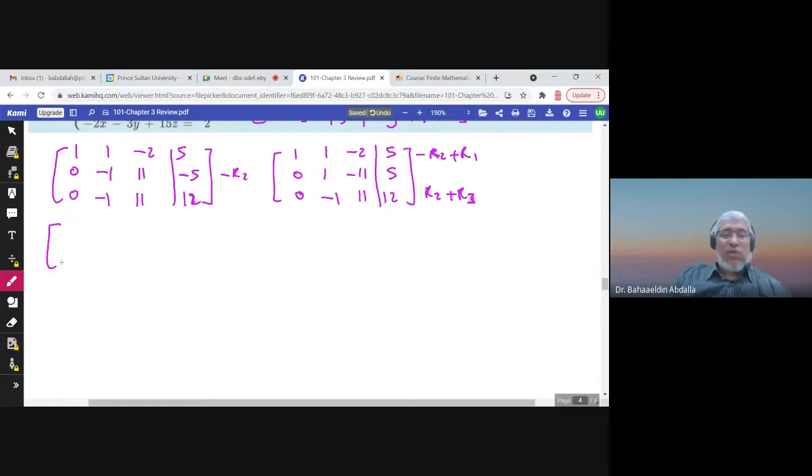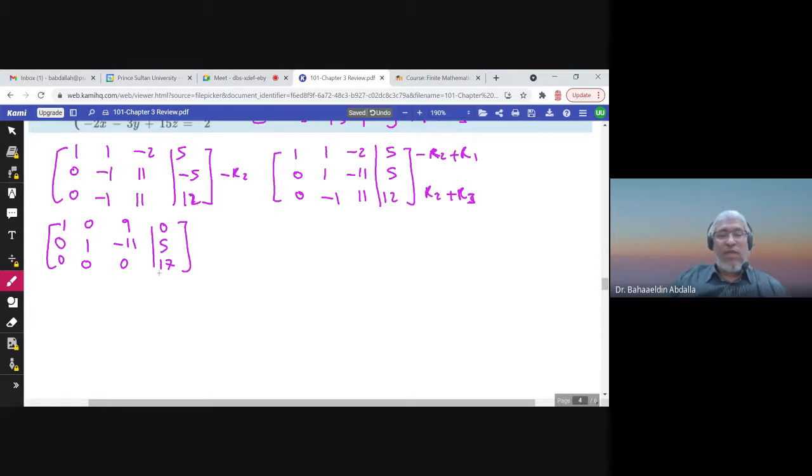So there is no change in the second row. And now also this is 0. It will not change these two numbers. Negative 1 plus 1 is 0. 11 minus 2 is 9. Negative 5 plus 5 is 0. And 1 minus 1 is 0. Negative 11 plus 11 is 0. 5 plus 12 is 17.